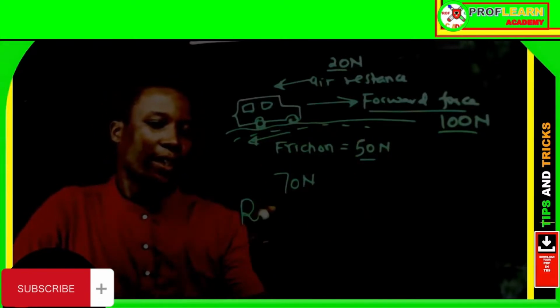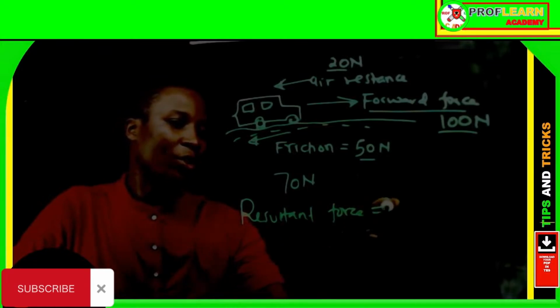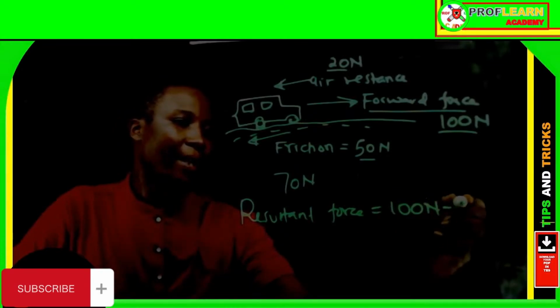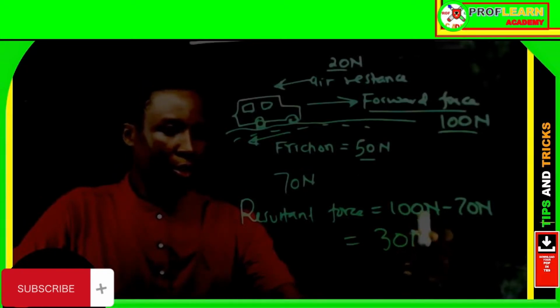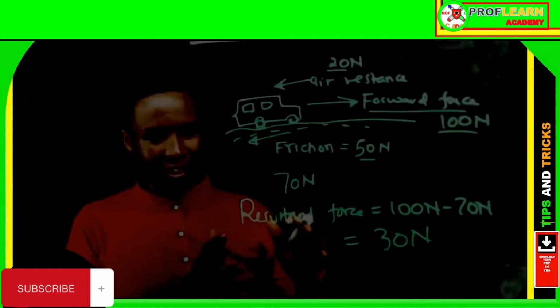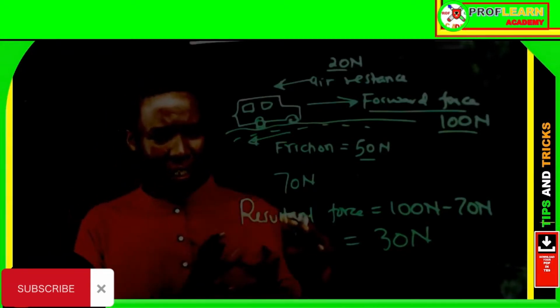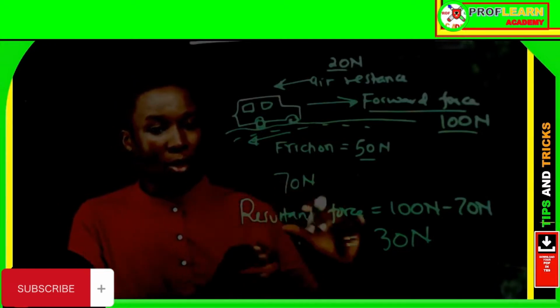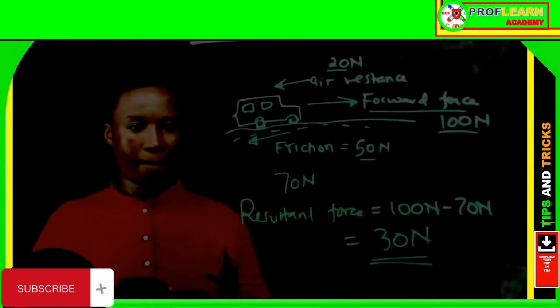So we're going to say resultant force is going to be 100 Newton minus 70 Newton, and this is going to be 30 Newton. So this is the force that will be accelerating this car to move forward. This car will move forward because of this force of 30 Newton.